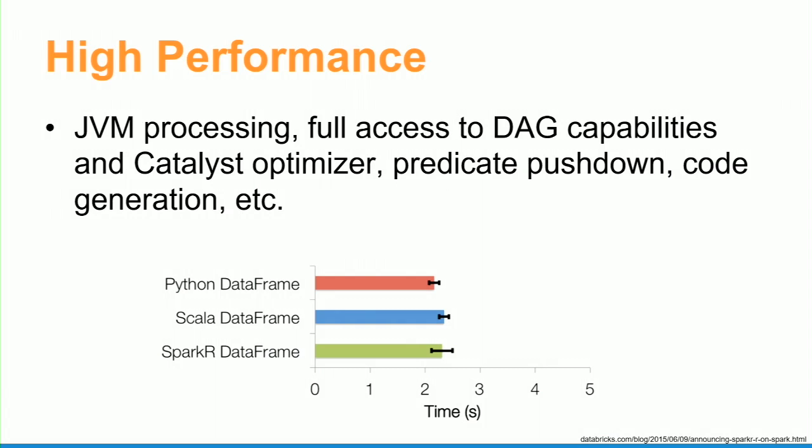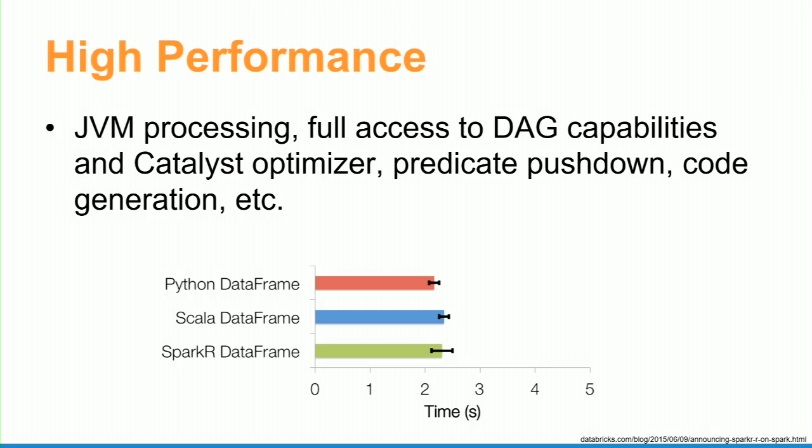The interesting thing about Python and R in this architecture overall is the fact that most of the work is actually executing in the JVM itself. These wrapper classes are operating in those languages, but most of the heavy lifting is actually done in the JVM. So in this case, you can leverage all these optimizations being done in Spark in the JVM process, like predicate pushdown, code generation, all these new things that happen there.